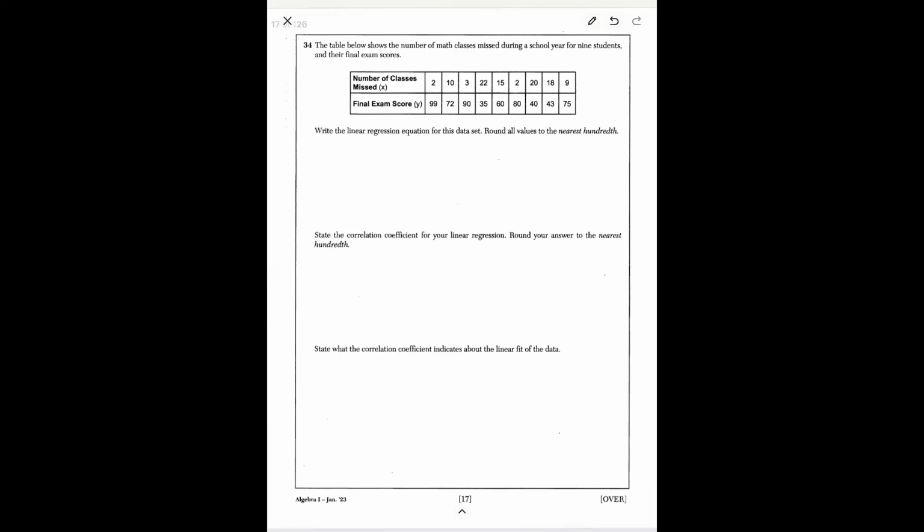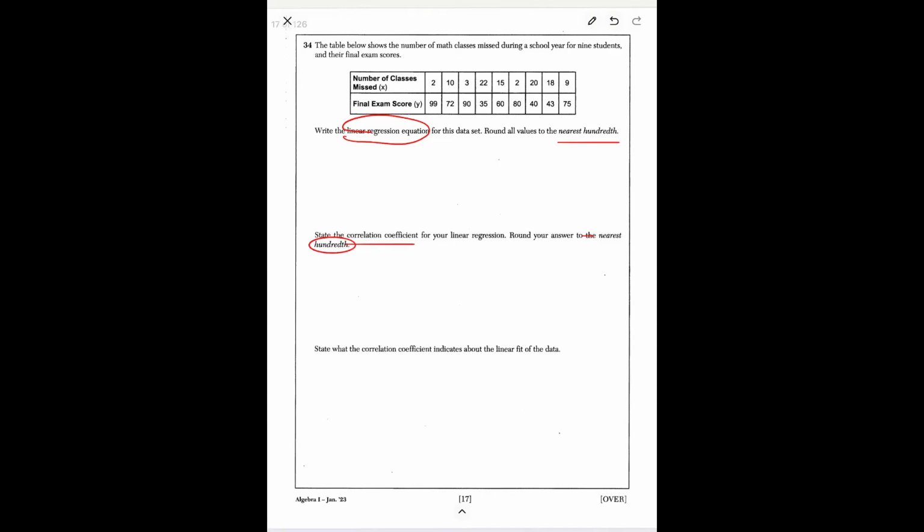They took data from 9 different students, and they want us to write a linear regression and round it to the nearest 100. Then they want us to find the correlation coefficient to tell us how strong the relationship is between these. And they also want us to round that to the nearest 100.